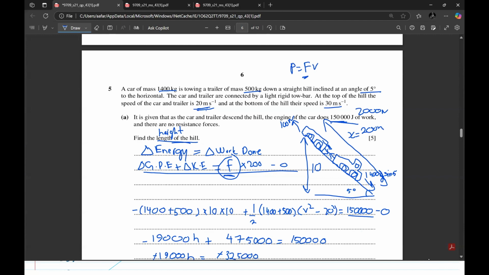Yep, exactly. All the resistances, all energy and all work done. If they didn't give us, let's say they said the resistive force is 100,000, we'll add that as well. We'll decrease that from the driving force. The total work done will be the work done by the driving force minus the resistance.